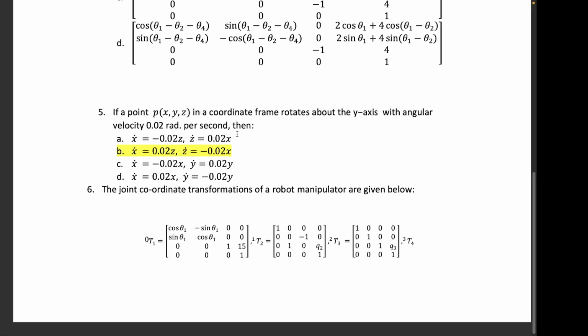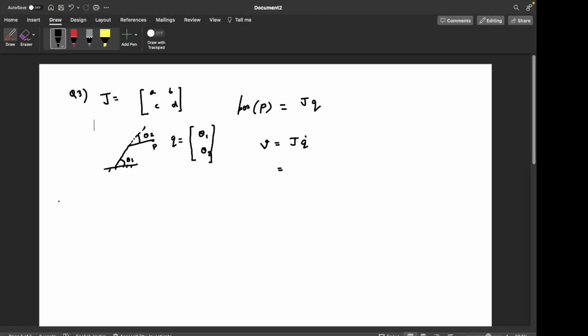So you can imagine it here, question 5. This is the coordinate frame and we have X here, Y here, and Z here.